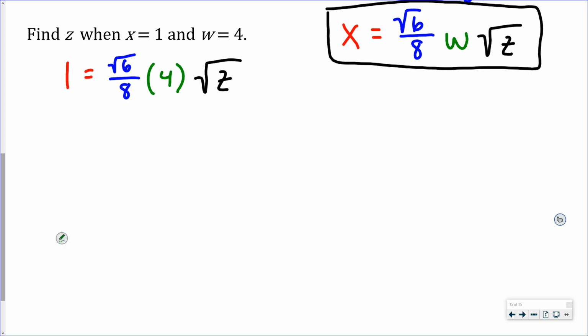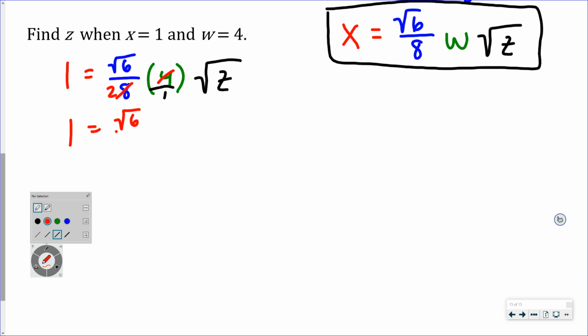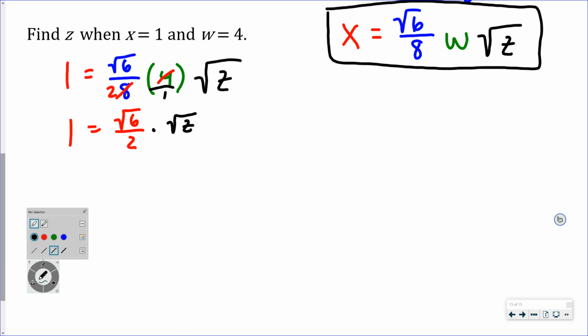Okay, a couple ways you could do this. I could times these together first, or based on what we've been talking about with fractions, you could cancel these, make this a 2. Next, I would probably times both sides by 2 to get rid of this.